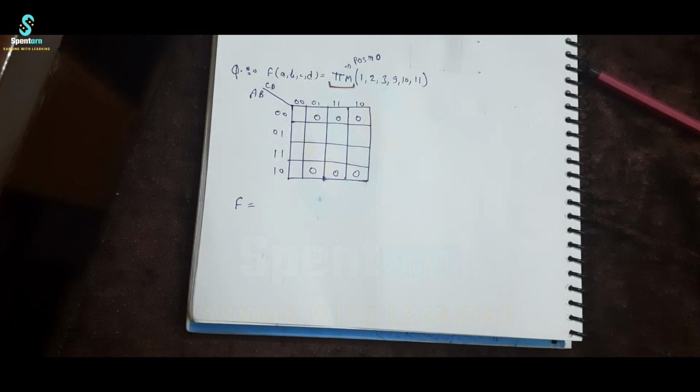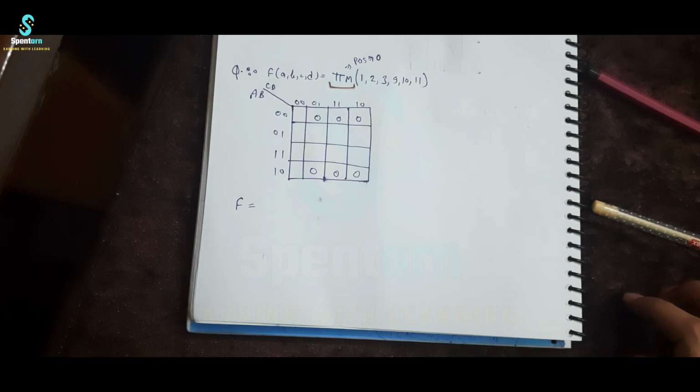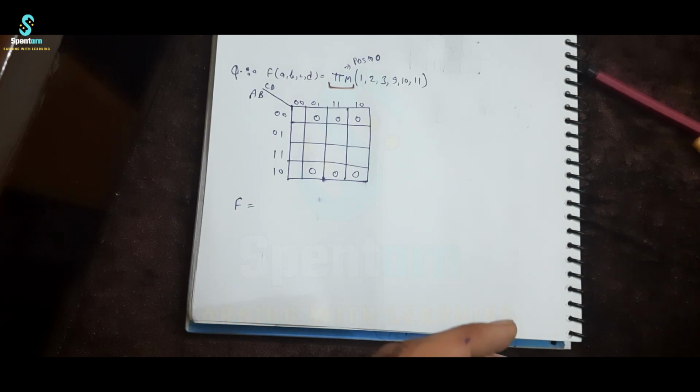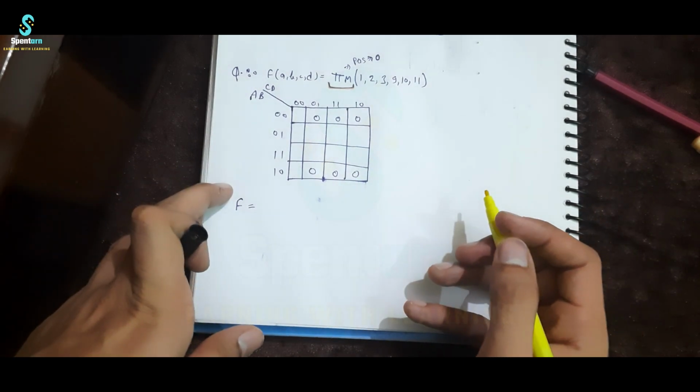Now if you have listened attentively to the lecture, you have got to know that while we are writing the POS values, we have to add the values and then multiply them, right? First of all, we have to group the values as we have done earlier in the above question. So how can we group the values?